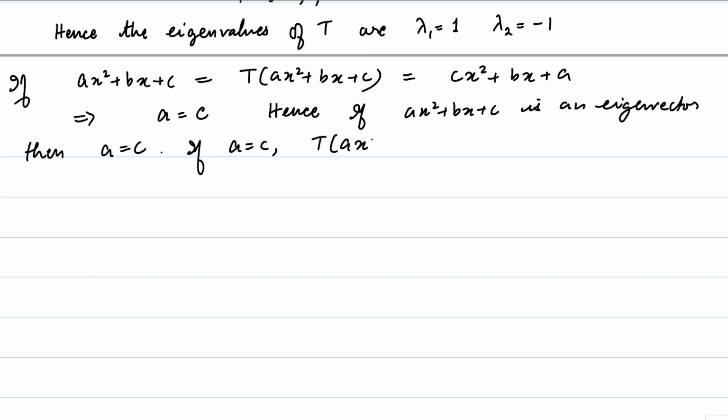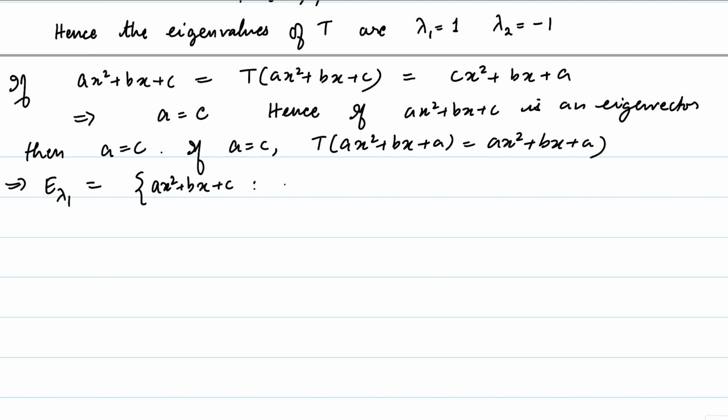T of ax square plus bx plus a will just be equal to ax square plus bx plus a, which gives that E lambda 1, the eigenspace corresponding to lambda 1, is the set of all ax square plus bx plus c such that a is equal to c. Let me just leave it for you to check that.